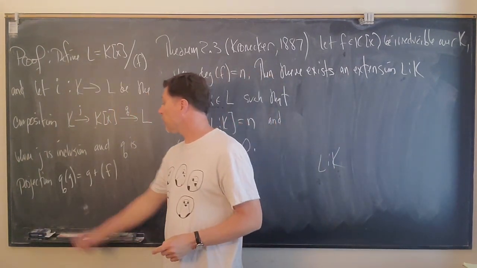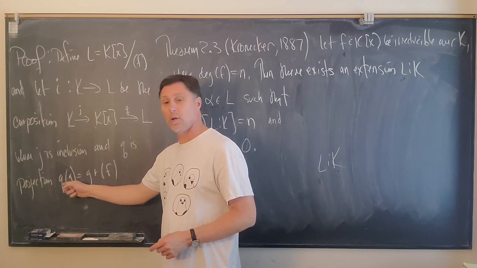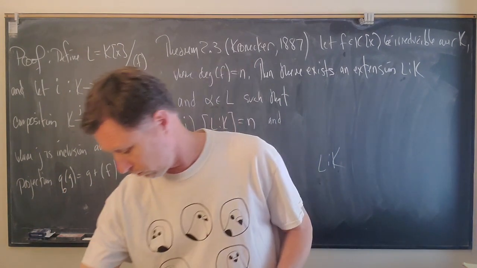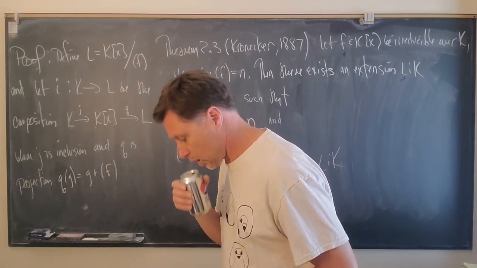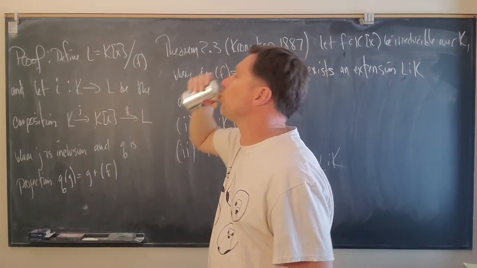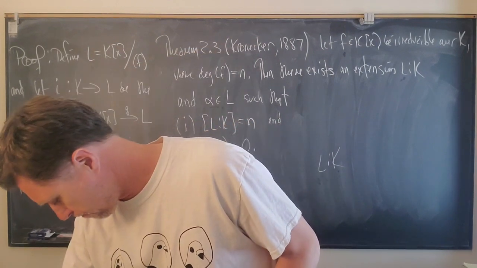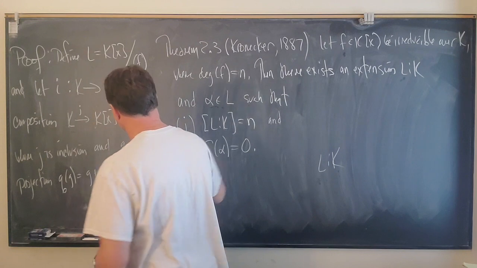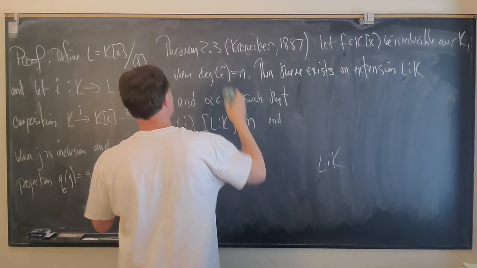So Q takes a polynomial to its corresponding coset.